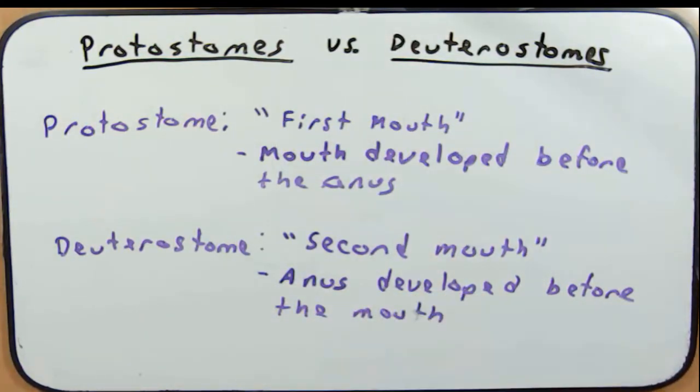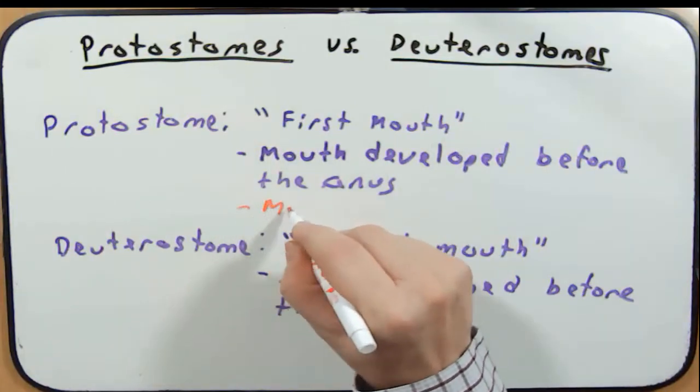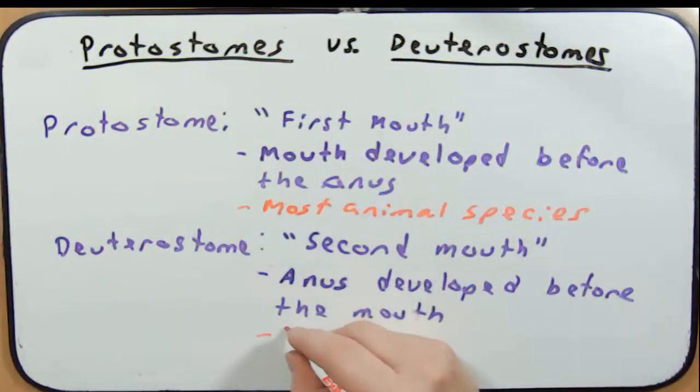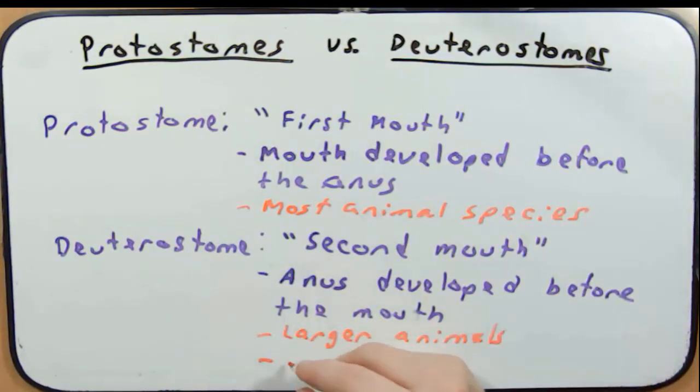The vast majority of all animal species are protostomes. Deuterostomes tend to be larger animals, and they also tend to be the predators that we know of.